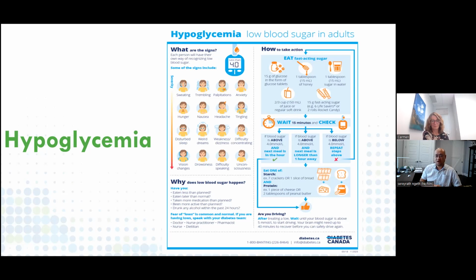If they become more active, so increased activity causes your body to use more of the glucose in your blood, and then your blood glucose drops, and you could run into a hypoglycemic episode. Drinking alcohol in the past 24 hours can also cause your blood sugars to be too low.